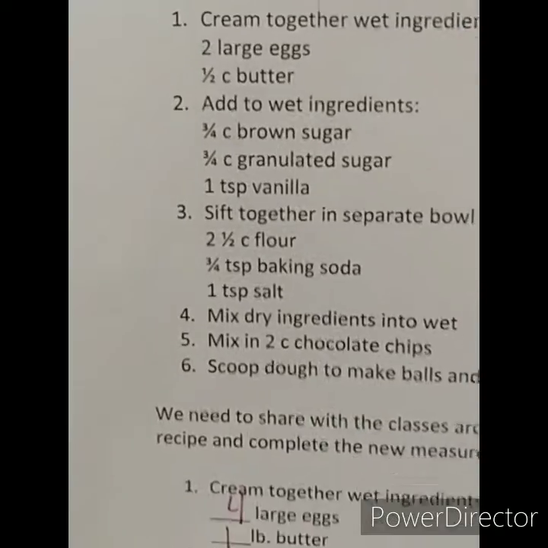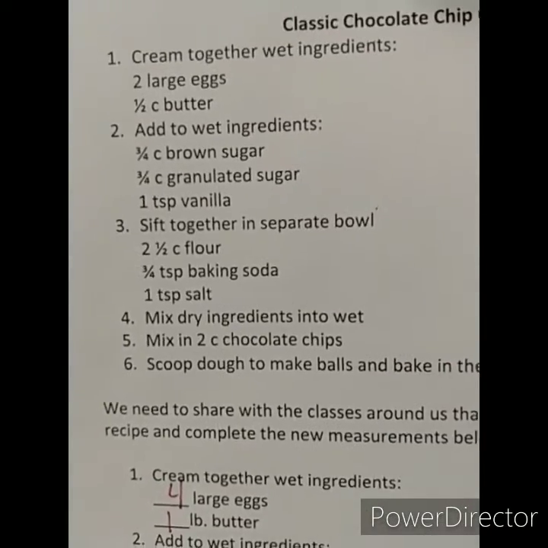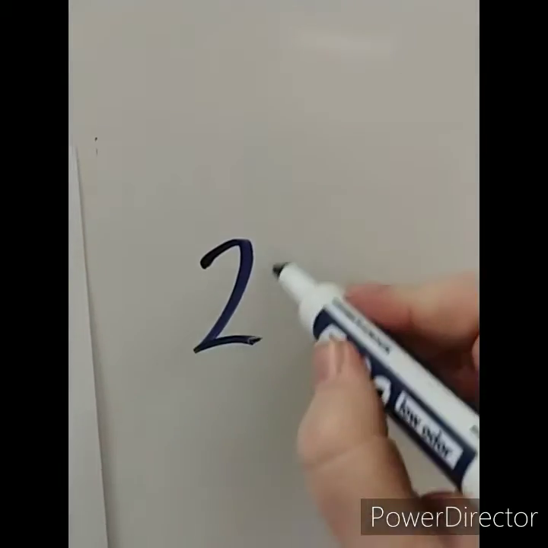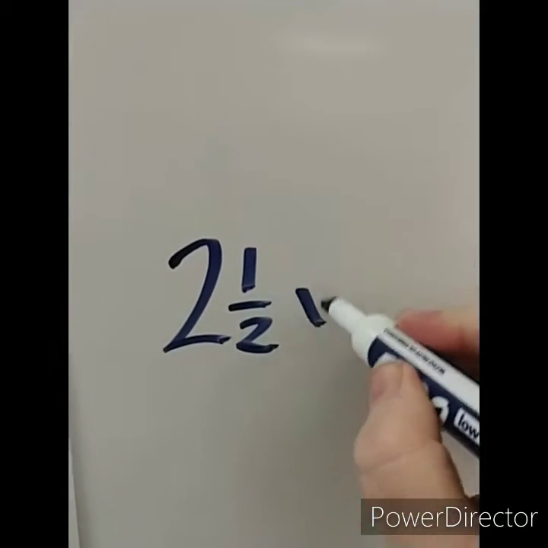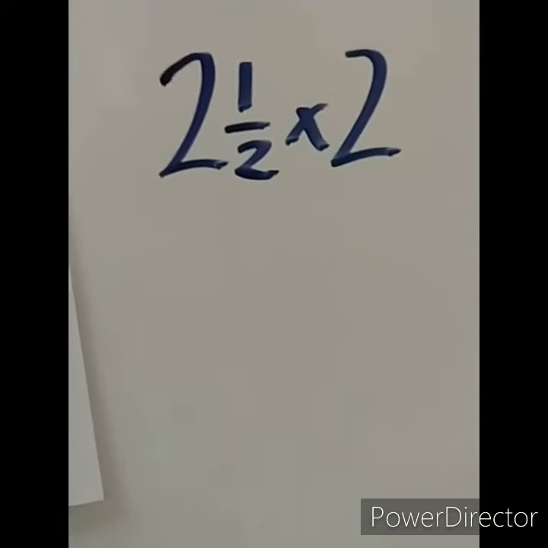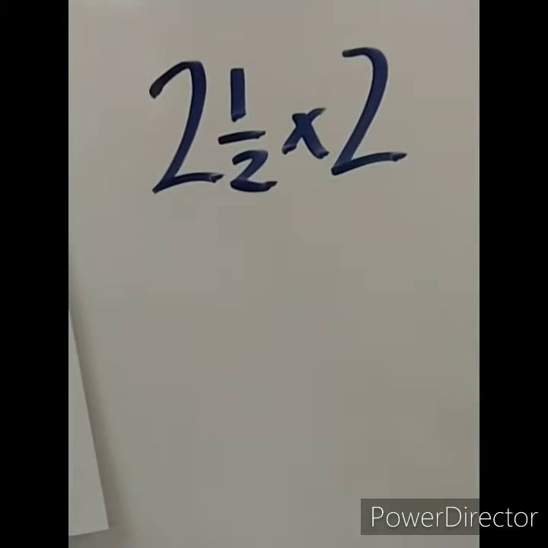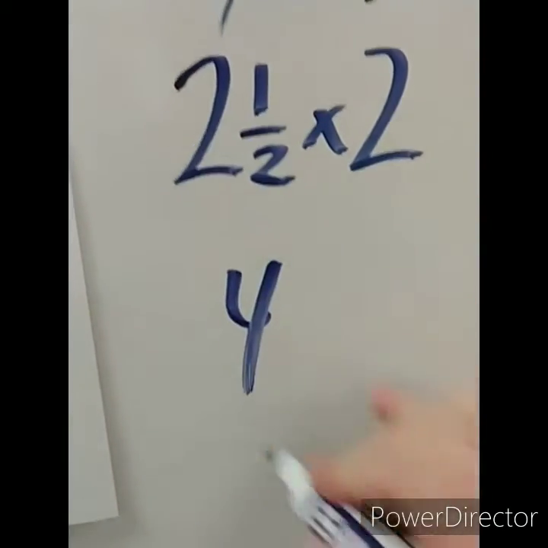The flour is supposed to be 2 and 1/2 cups. So I'm going to have to do some math again. I come over here to my little math area, and I go 2 and 1/2 times 2. I can do this the hard math way, or I can do this the easy way. I'm going to do it the easy way. 2 times 2 is 4, so I know that.